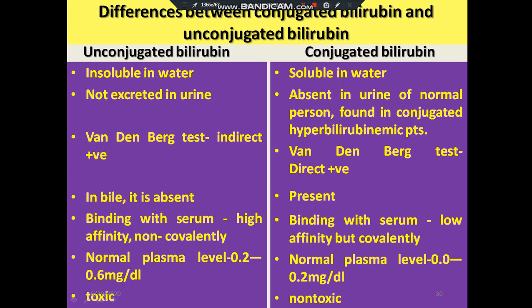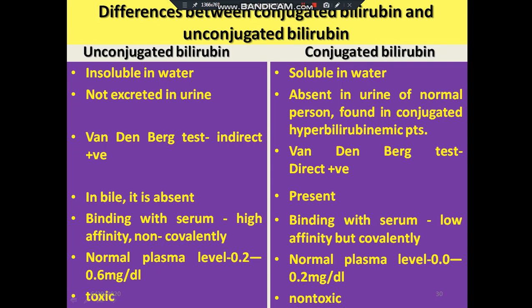Unconjugated bilirubin is not excreted in urine as it is not soluble in water, but conjugated bilirubin, which is absent in a normal person, is found in urine in patients with conjugated hyperbilirubinemia. Van den Bergh is indirect positive, meaning with the addition of methanol, Van den Bergh becomes positive, and Van den Bergh tests direct positive with conjugated bilirubin. We do not need any solvent like methanol.